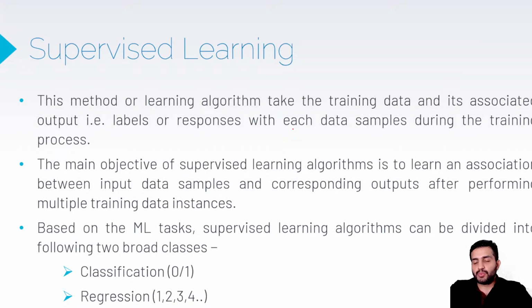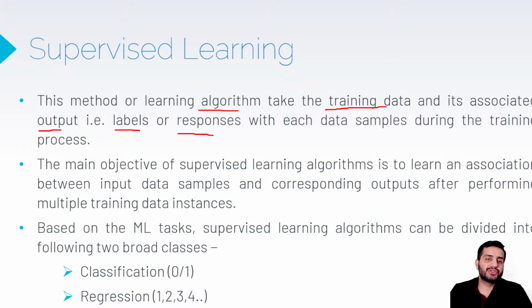But let's start with the supervised method. As we say, in this method the learning algorithm takes the training data and its associated output, that is the labels or the responses with each data sample, during the training process. Pretty simple and straightforward.